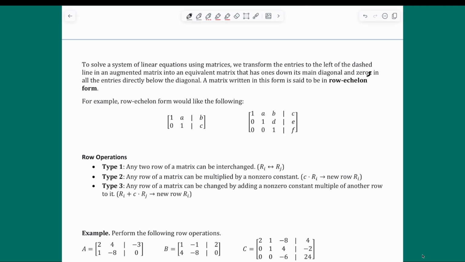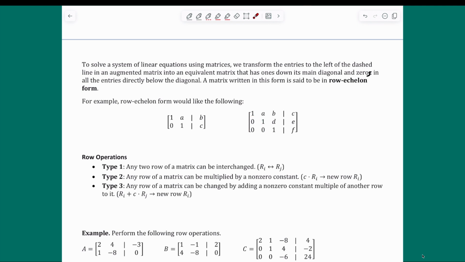For example, with these two augmented matrices, you want to get ones down the main diagonal and 0s below it. Your A, B, and C are just some numbers, whatever they might be. In the second augmented matrix, once again, the main diagonal is these ones here, and you notice the zeros below the main diagonal.